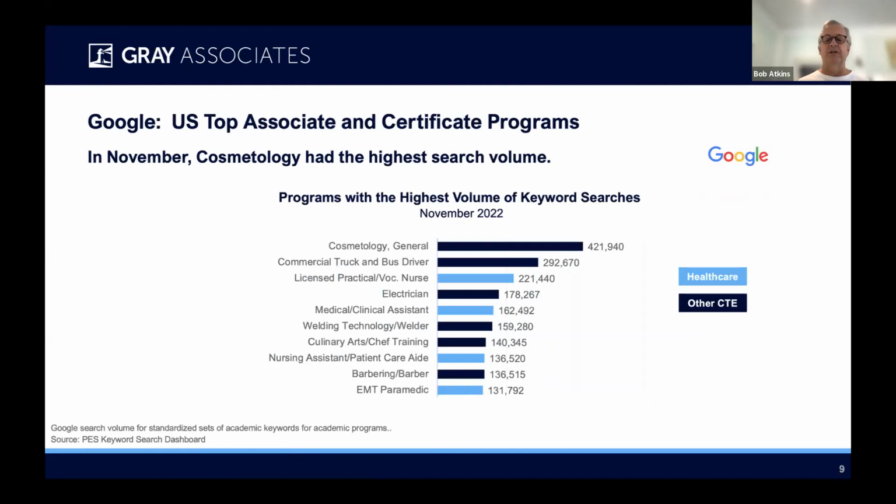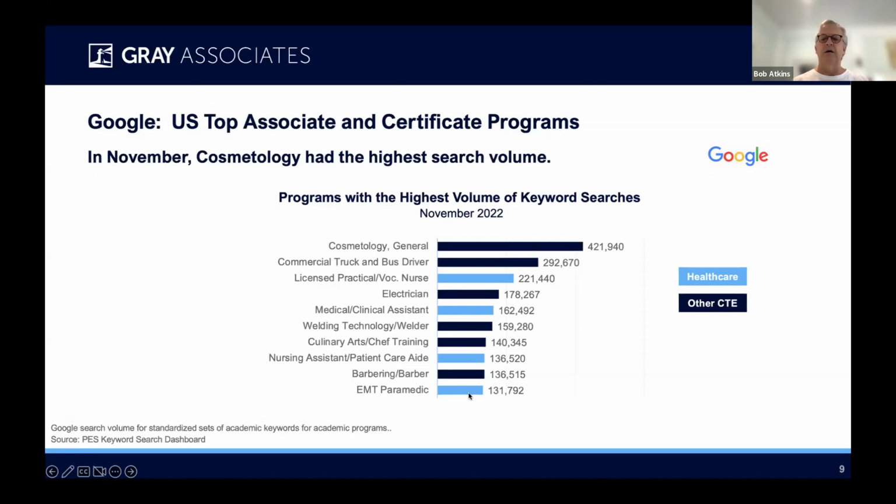Now, what were they searching for? Well, cosmetology led the list, followed by commercial truck and bus driver. And we'll actually use commercial bus driver as our program of the week, so we can look at that in somewhat more depth. Then we see 4 healthcare programs: licensed practical vocational nursing, medical clinical assistant, nursing assistant, patient care aide, and EMT.